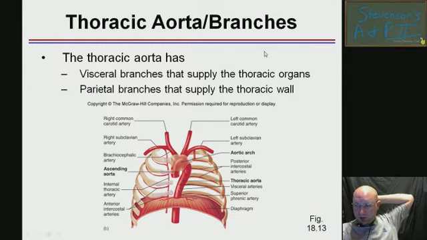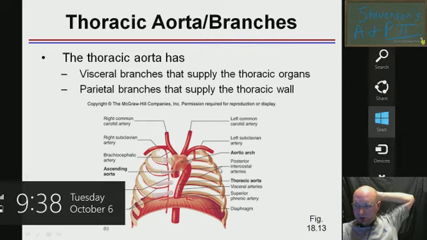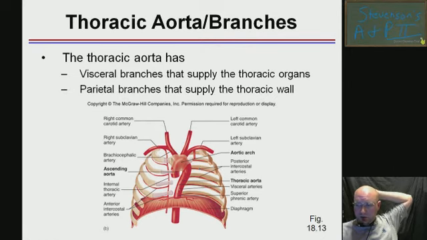Okay, what else is coming off the aorta? The ascending aorta, we see those that we mentioned before. You got the aortic arch, and then coming down, you end up with the posterior and the intercostal arteries, thoracic aorta, and your visceral arteries branching off of that, and then you have your superior phrenic.